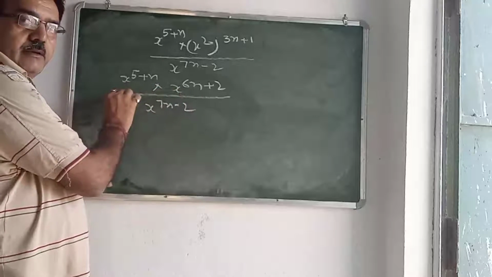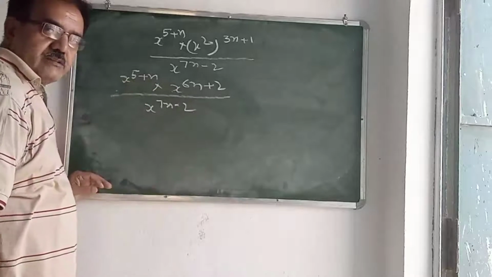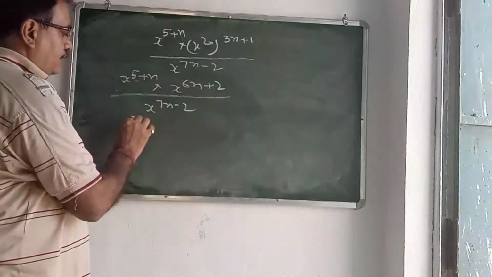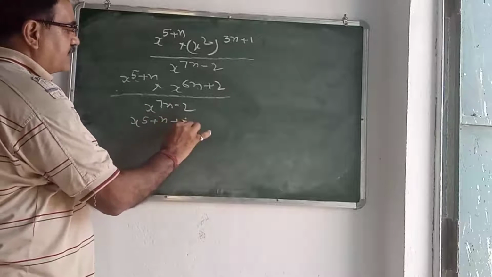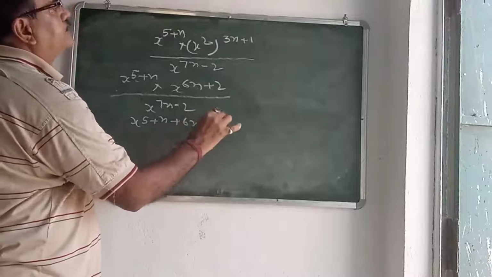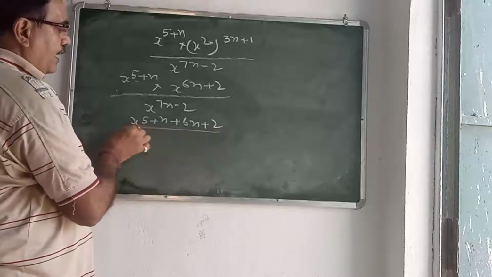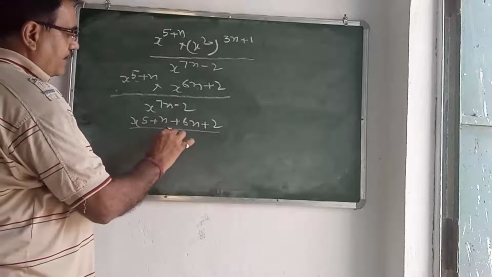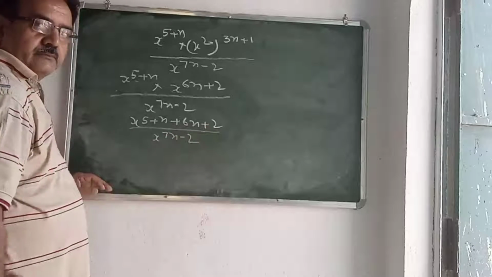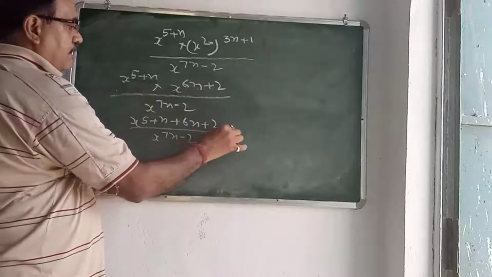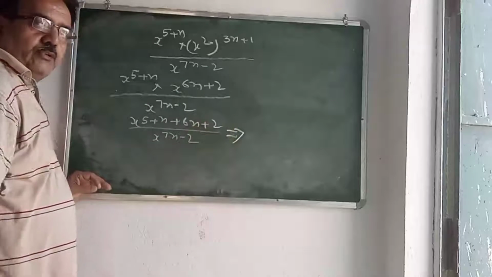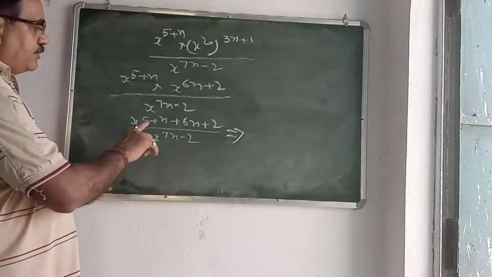Now see here, between them there is a multiplication sign, so the power will be added. So x to the power 5 plus n plus 6n plus 2 by x to the power 7n minus 2. Yes. So this power will be added because of the same base. Now operate the like terms. You know the like terms or not? Like terms.